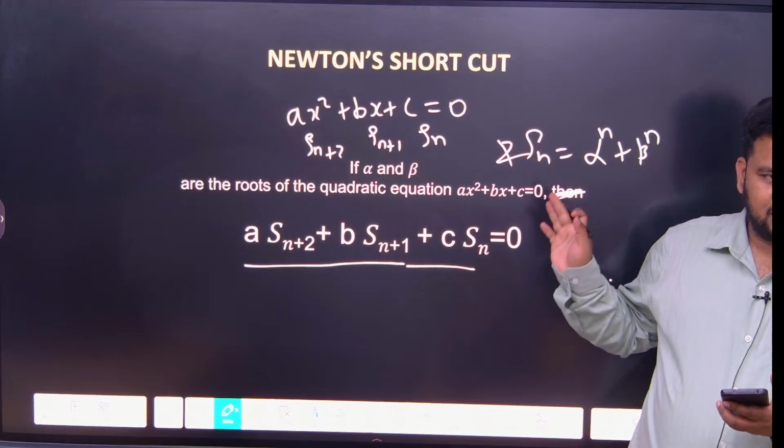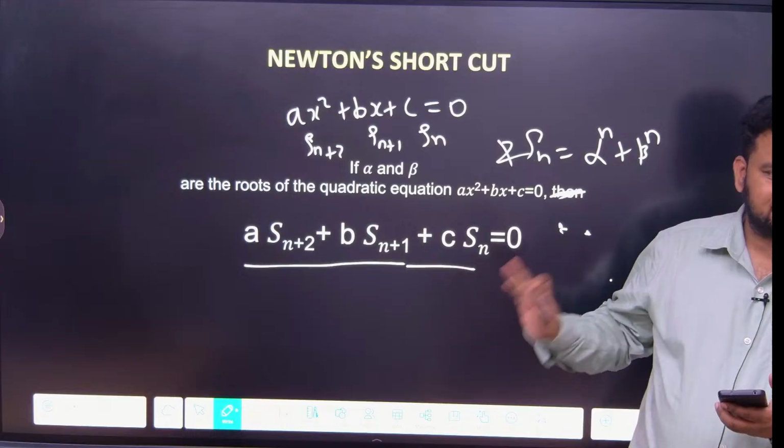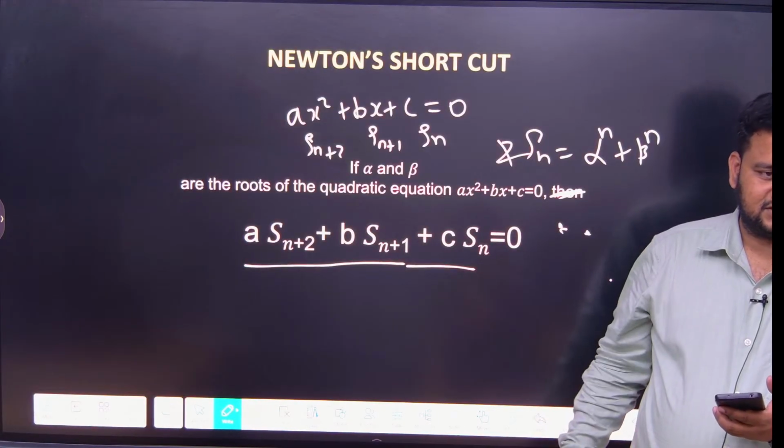Sometimes they will give alpha to the power of n minus beta to the power of n. They are also the same condition. Nothing changes.